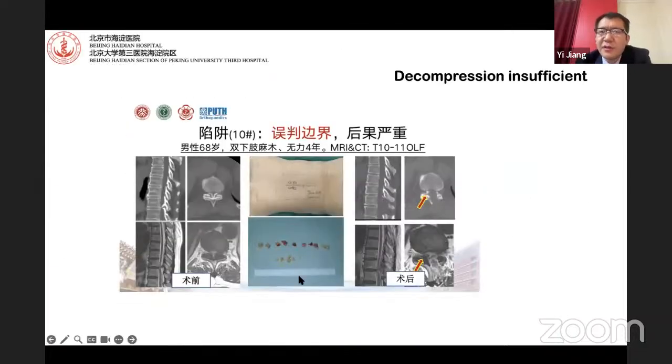And insufficient decompression is common, but it can lead to disastrous results. This patient is male, with T10 and T11 OLF.